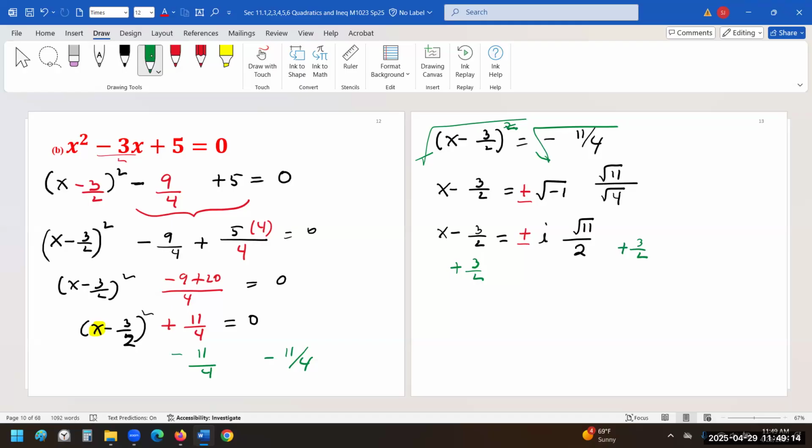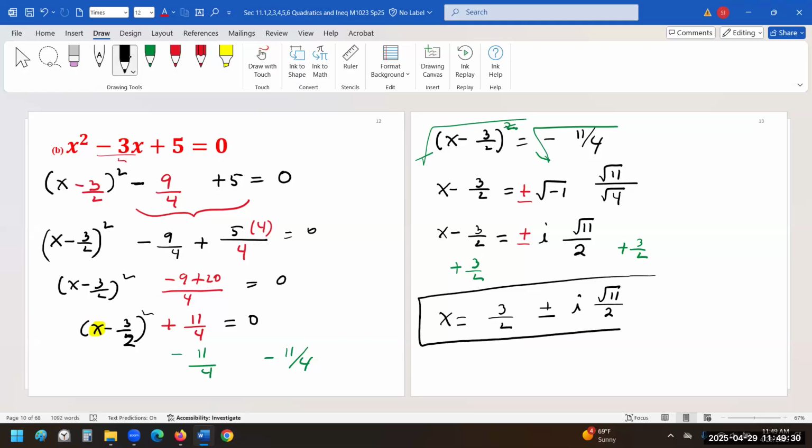But 3/2 is a real number, so when we write, we write the 3/2 first, and then plus minus i square root of 11 over 2. We cannot combine them because they are not both real.